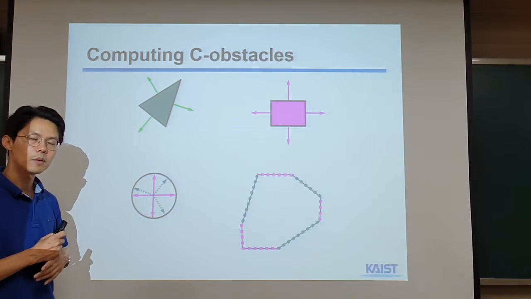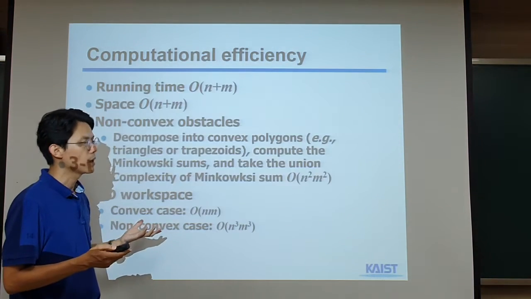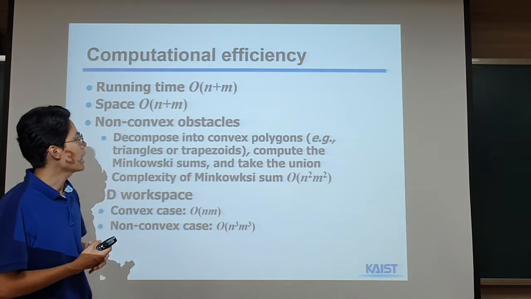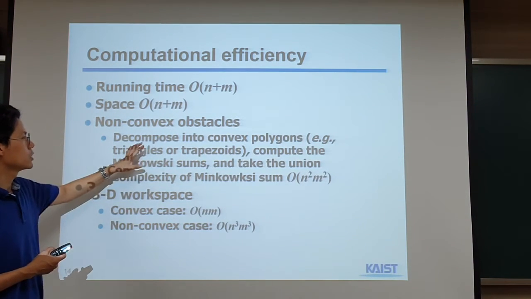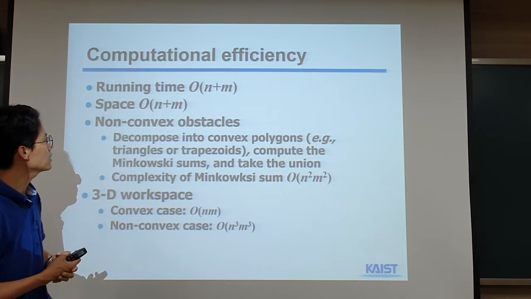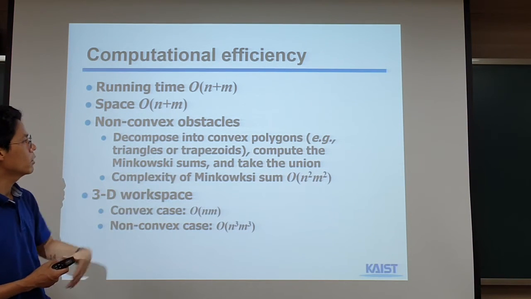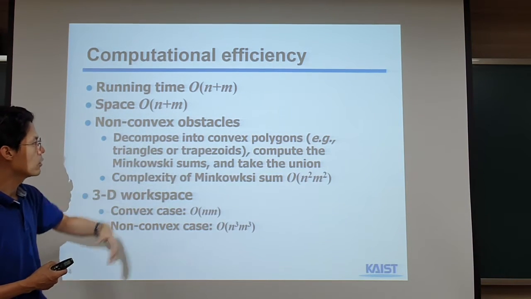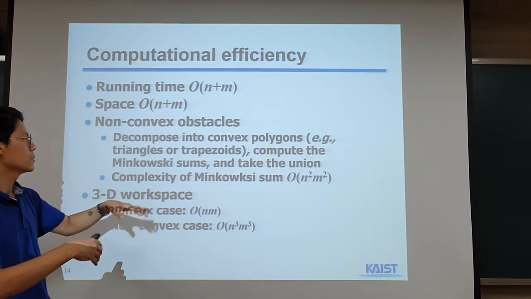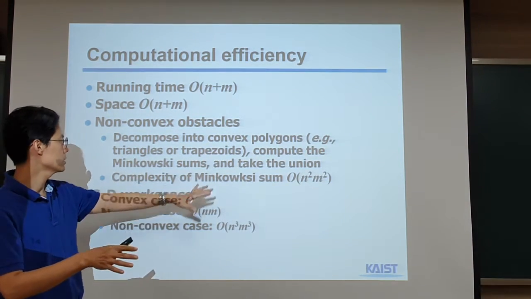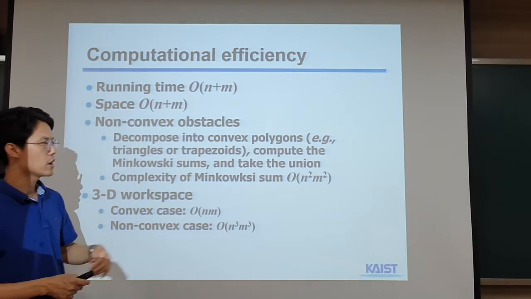But in a lot of cases, the obstacle or the robot can be non-convex. In that case, we have to decompose these non-convex objects into convex polygons, like triangles and some others. Then we also need to compute the Minkowski sum between them, and take geometric operations of union.